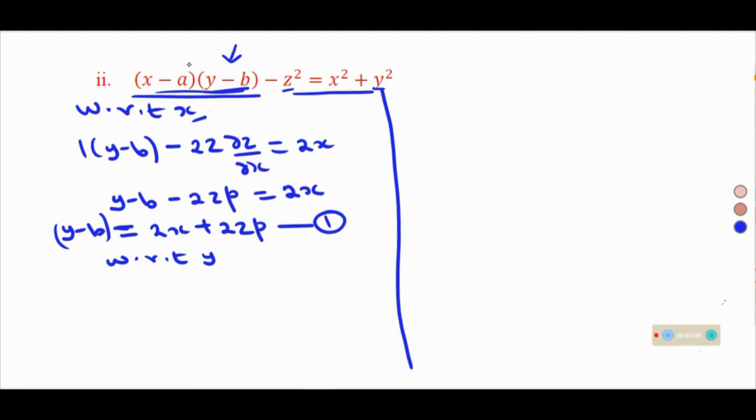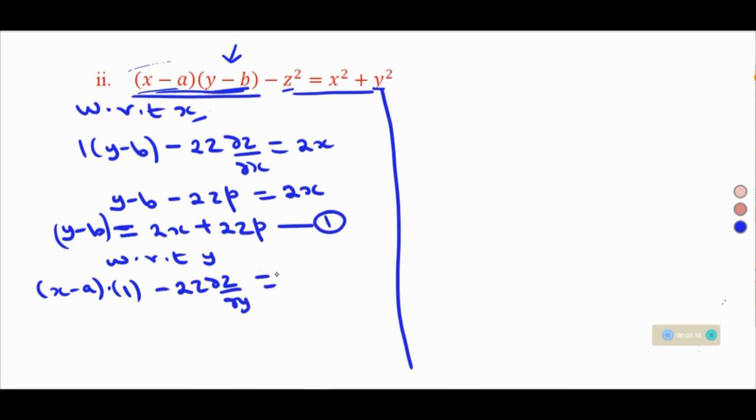In other words, when I differentiate this expression here, x minus a into y minus b, I treat x minus a as a constant. So I will have x minus a times, when I differentiate y minus b, I will simply get 1. So I have times 1 minus, differentiate z squared, normally get 2z, but because I'm differentiating z with respect to y, I will put del z del y.